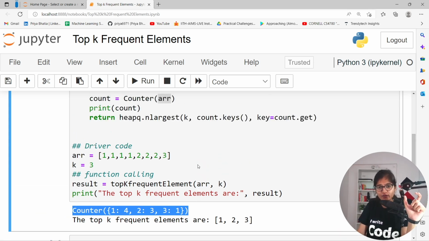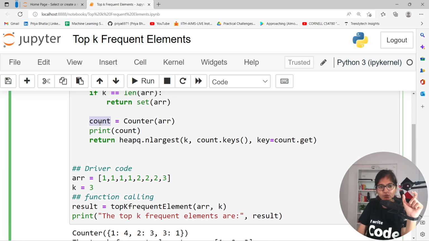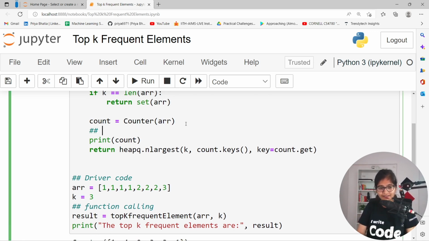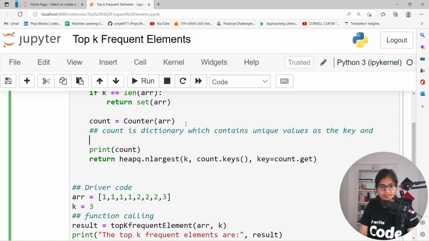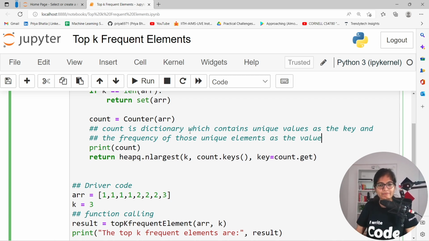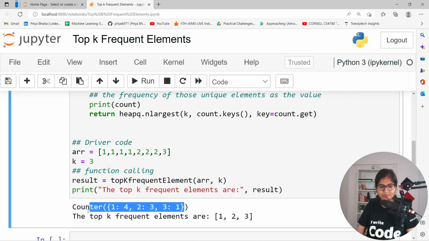Anyhow, now if you observe, once you enter this, you will see that count is a dictionary which contains unique values as the key and the frequency of those unique elements as the value. That is the important thing, and I have just displayed that to you also.